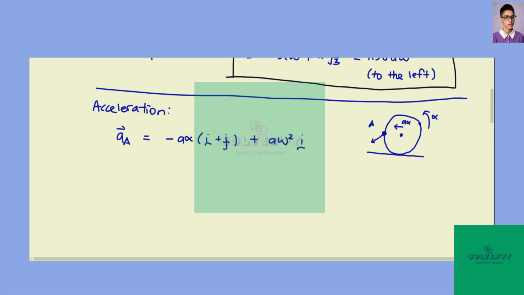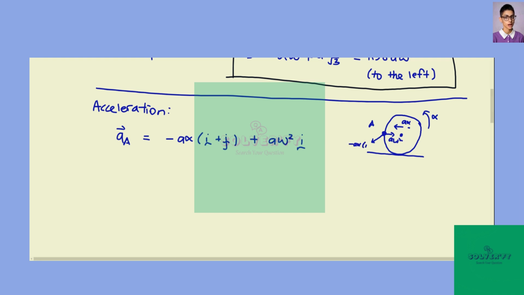At point A, this is a translational component, and then you need to add the tangential components. That's why you get minus A alpha I plus J, and the A omega square I is from the speed.